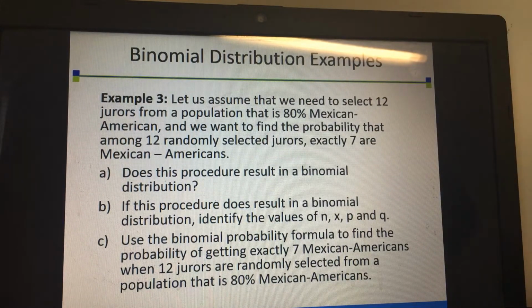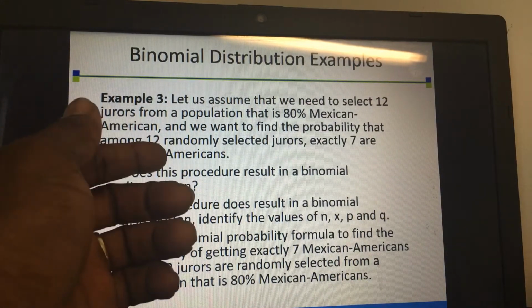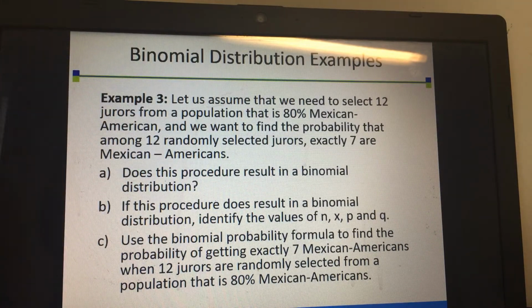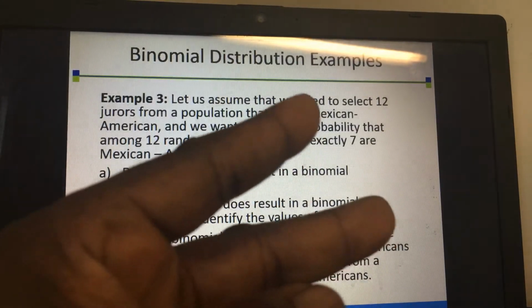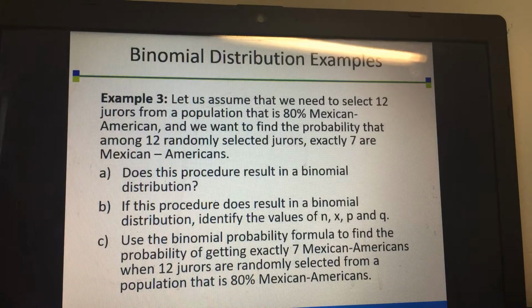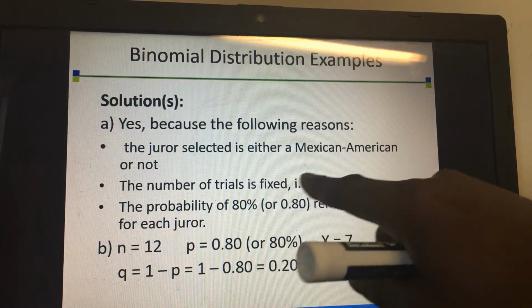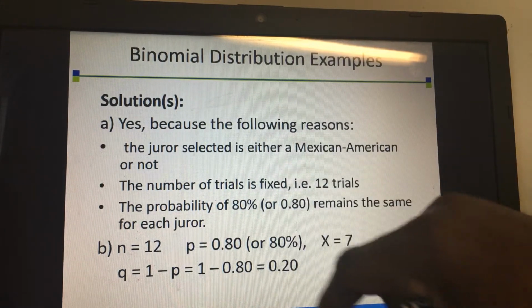And there is a fixed number of trials, 12 of them, 12 jurors to be selected. So n and p are fixed, constant. And there will be 2 outcomes. Either they are Mexican Americans or they are not Mexican Americans. So that answer is yes.